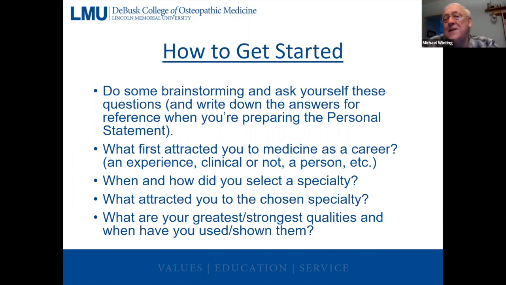So an example might be, if you were applying to, say, psychiatry. If people have always found it really easy to come to you and ask you to listen to their problems and maybe offer them some advice or perspective, or maybe they just feel better after they've talked with you, that might be a great skill, say, for a psychiatrist.